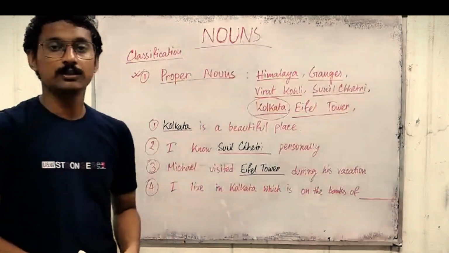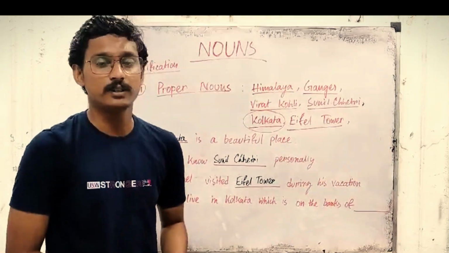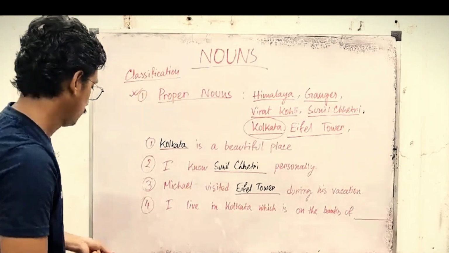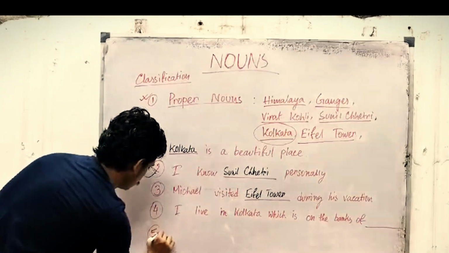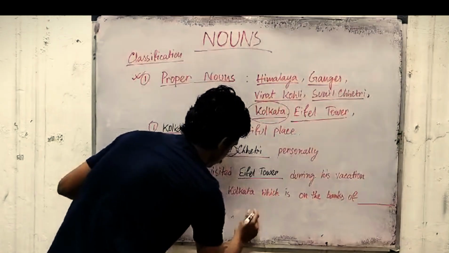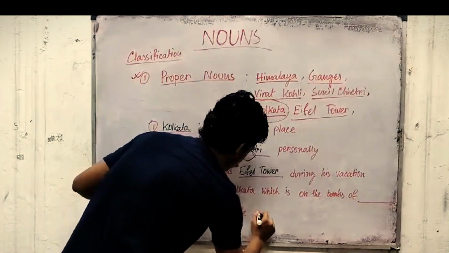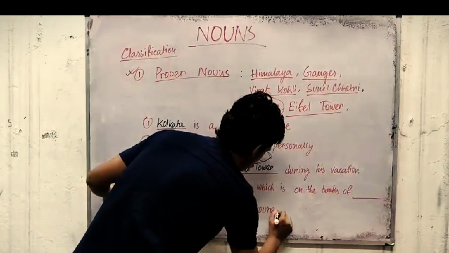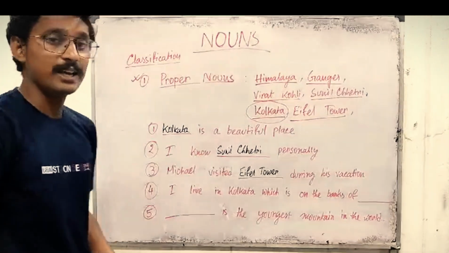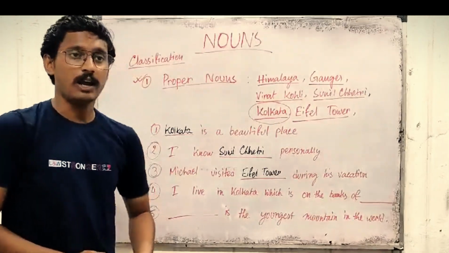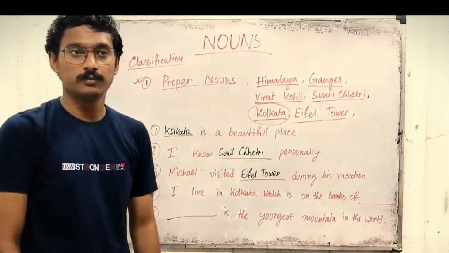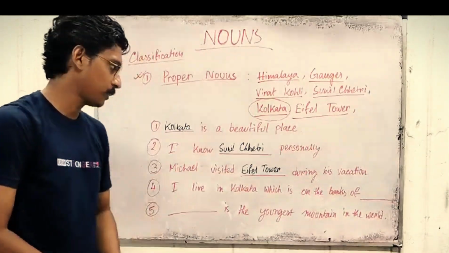As we all know, Kolkata is on the bank of a river, and we all know the name of the river. Dash is the youngest mountain in the world, and we all know the name of the mountain which I have written there, so it will be the answer.